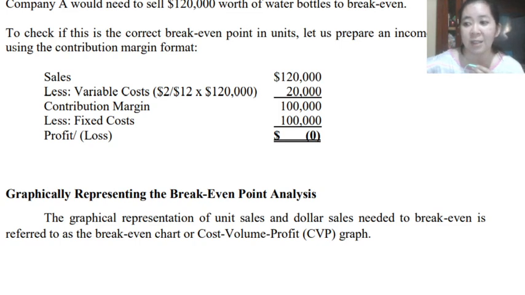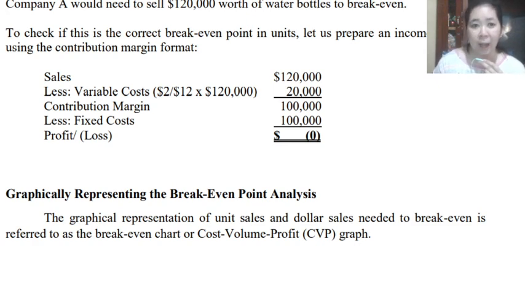So again, the variable cost ratio is the amount of variable cost that is related to the sales. We can get the variable cost ratio because, as mentioned, variable costs follow the number of units. So that's why we can refer to it from our sales.